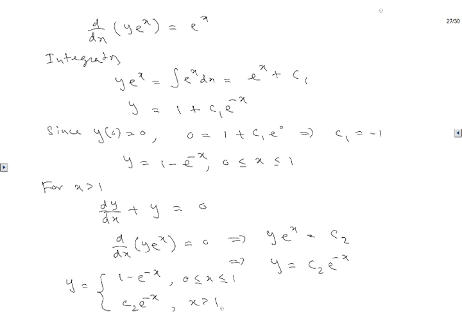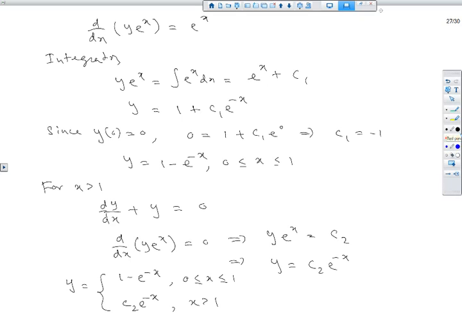Now if you need a continuous solution, and most of the time for a switch on-off situation the solution has to be continuous, we can use the continuity at 1 to find the constant.